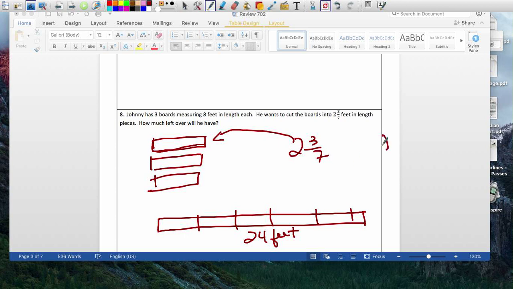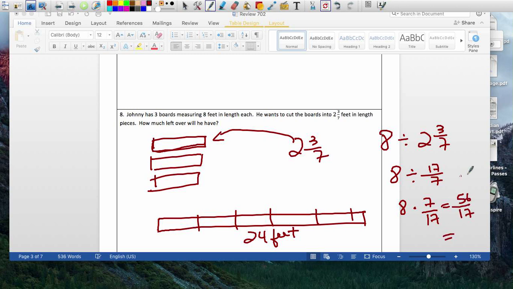So 8 feet divided by 2 3/7 is the same thing as 8 divided by 14 plus 3, 17 over 7. Yeah, and then 8 times 7 over 17, which is 56 over 17. And 17 can go into 56 3 times, right, which is 51.